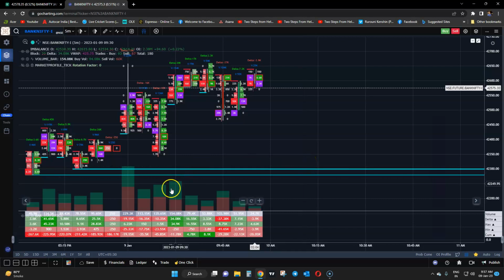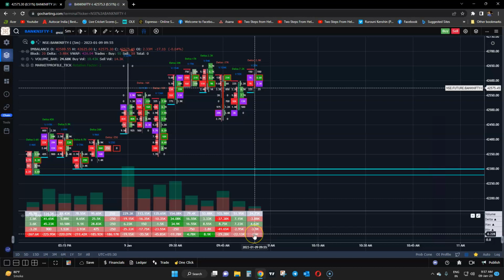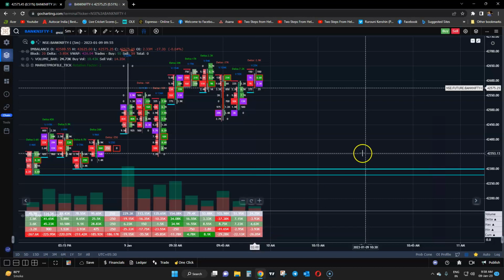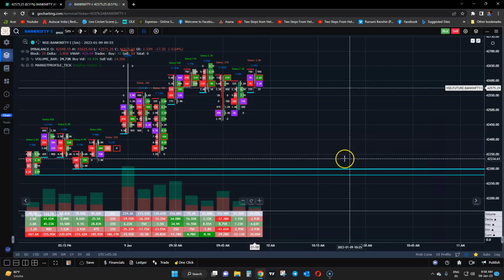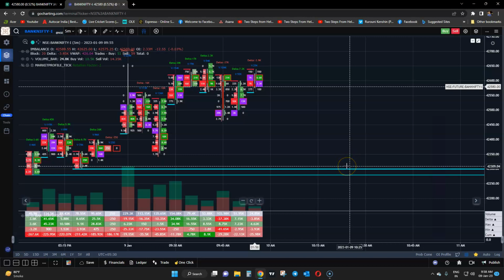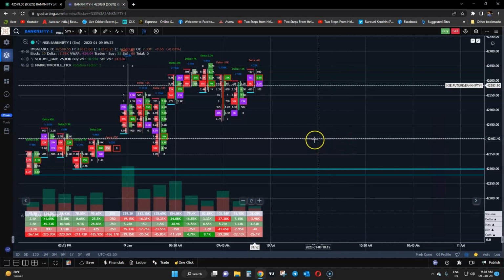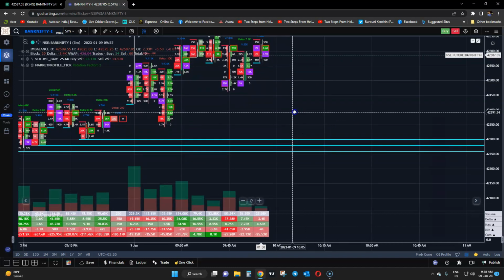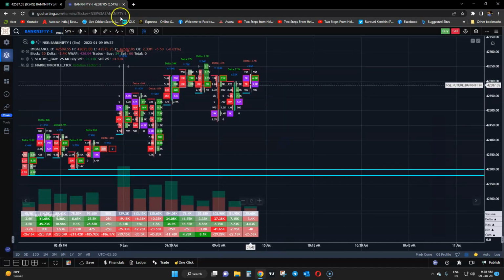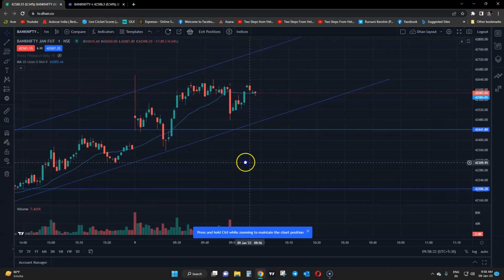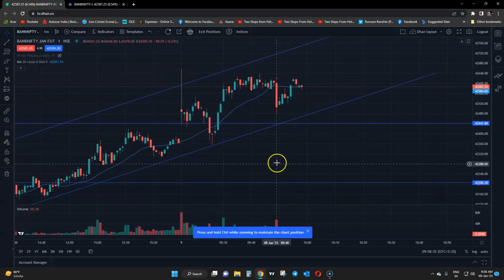You can see today's day mostly a negative delta. So we shall wait for confirmation before taking more trades. Yeah. This is a strong bear candle, man.